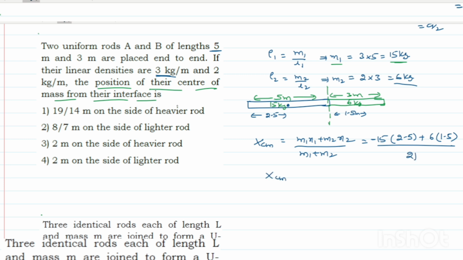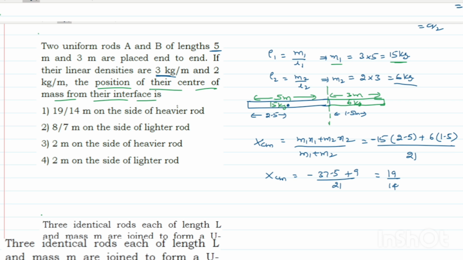When you simplify this value, we will get minus 37.5 plus 9 by 21. So when simplifying this one, we will get 19 by 14.